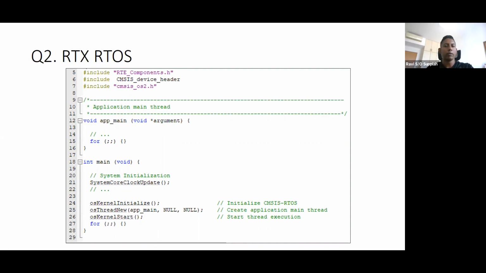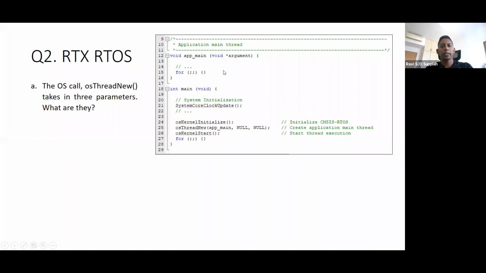Okay, now for this, once you create your RTX project, by default you will get this. Okay, so let's explore this in detail to understand what is happening. Okay, so as you can see, what is happening here is this system call, SystemCoreClockUpdate, we have been seeing all the while. All right, that one is nothing new. And then we have to call this library function called osKernelInitialize.